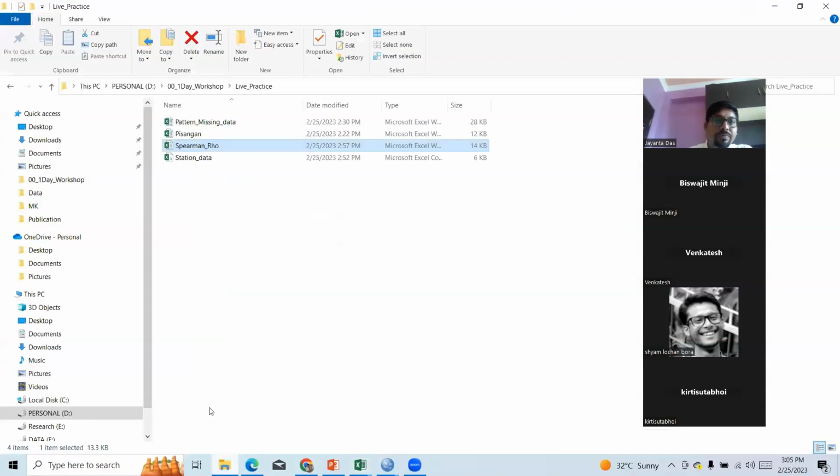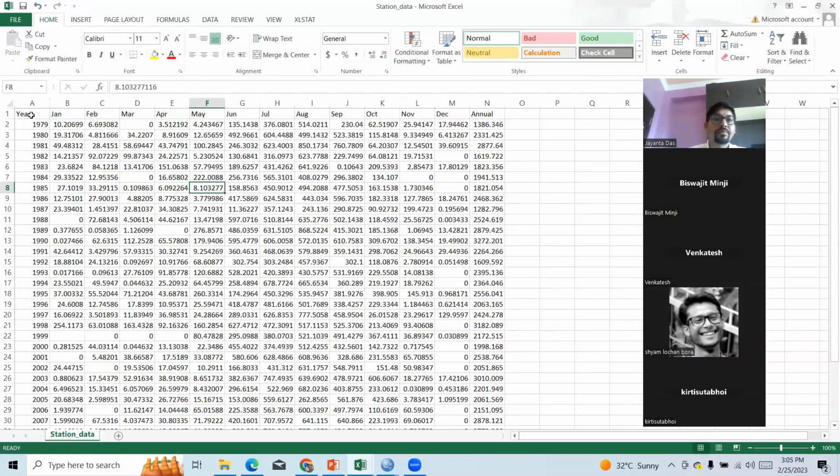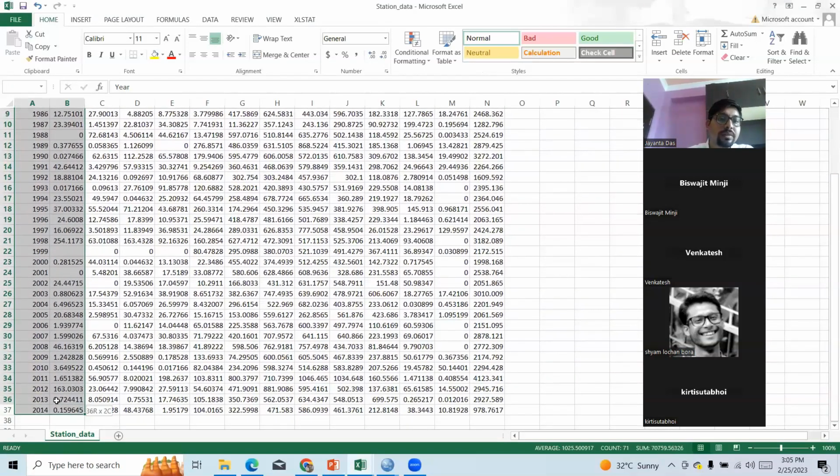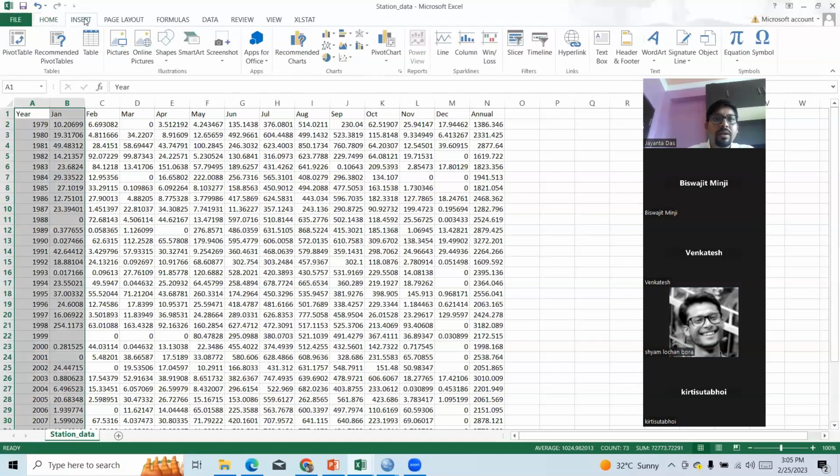let me show. Here are station data. If we draw any plot, here, these are the x-axis and this is the y-axis. Okay, select it and go to the insert button here. Sorry.